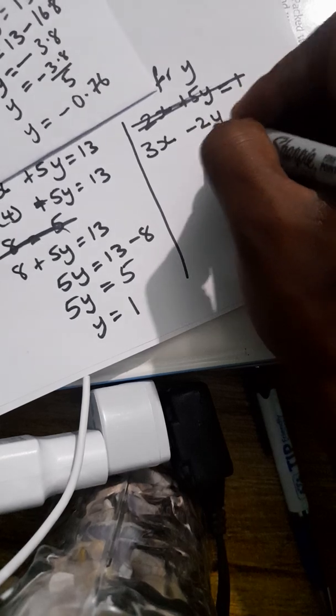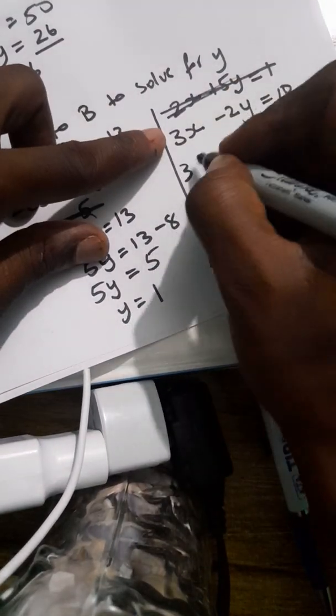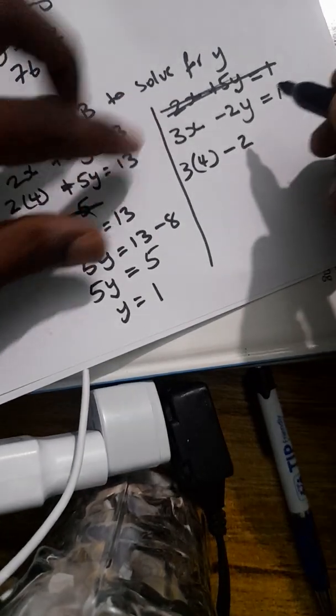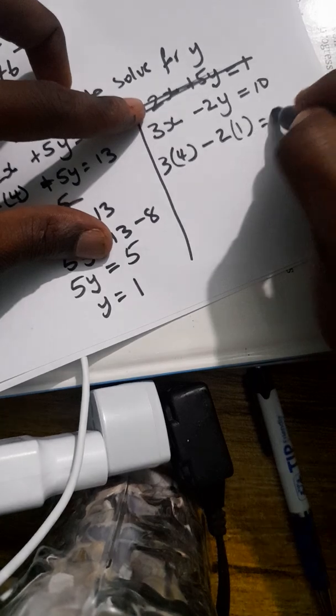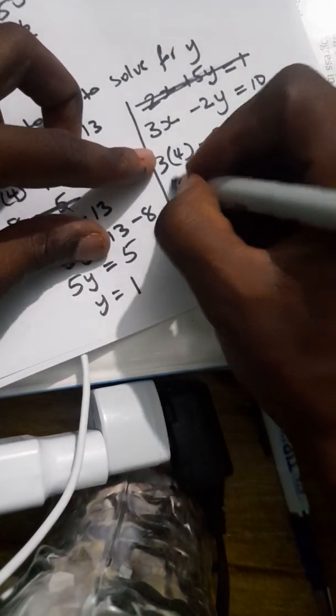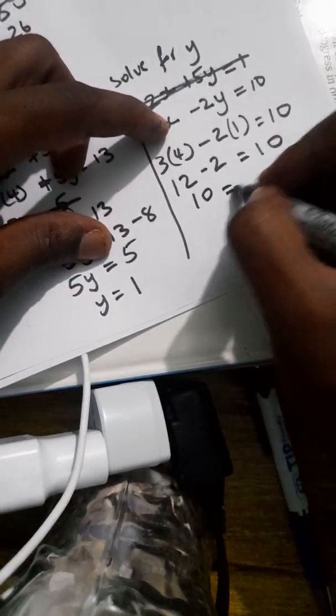As I say, you can plug it in any equation, it doesn't matter. We get x to be 4 and y to be 1. Once the two sides balance, right? 3 times 4 is 12, and 2 times 1 is 2, so 12 minus 2 is 10, equals 10.